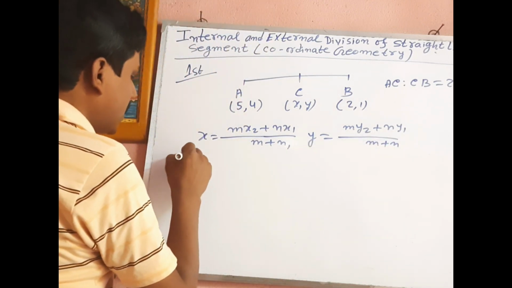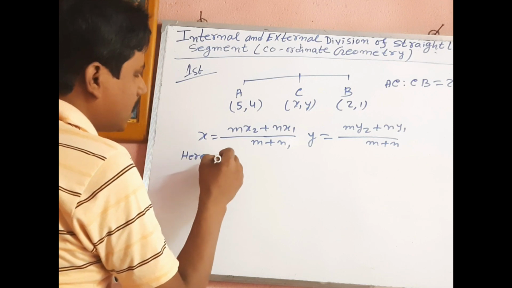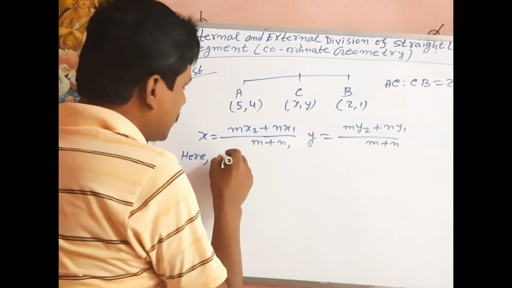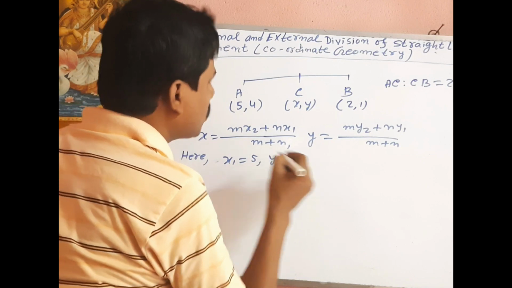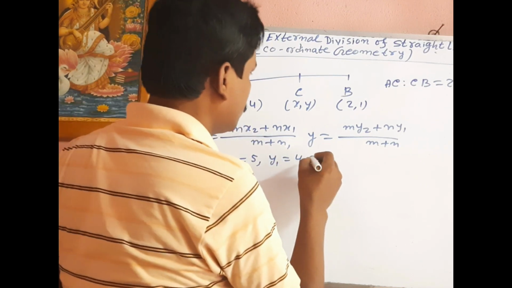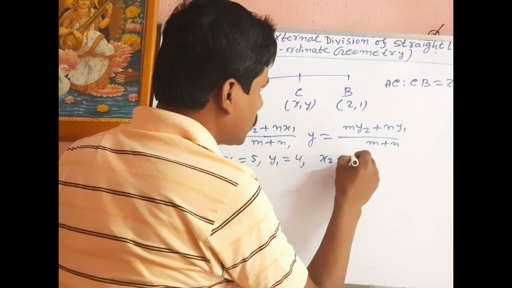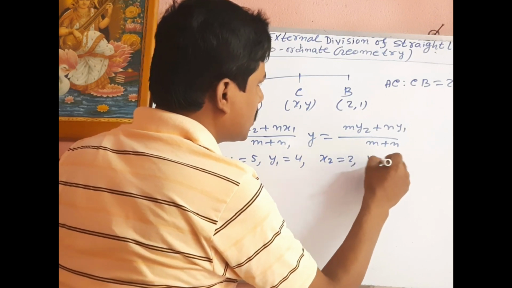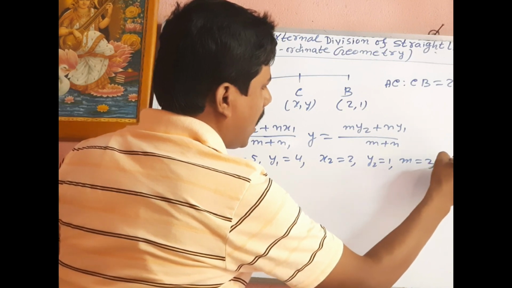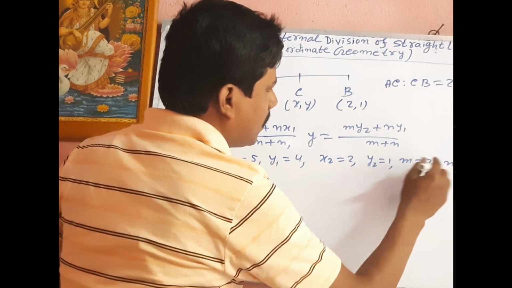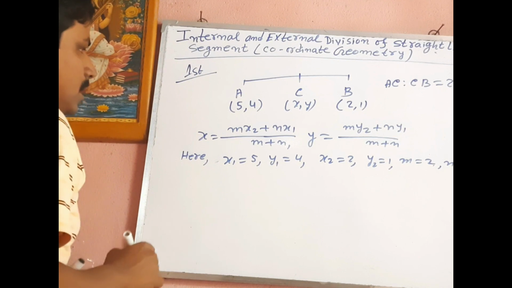For the given condition, here suppose x1 is equal to 5, y1 is equal to 4, x2 is equal to 2, y2 is equal to 1, m is equal to 2, and n is equal to 1. By the given condition, we can say this.